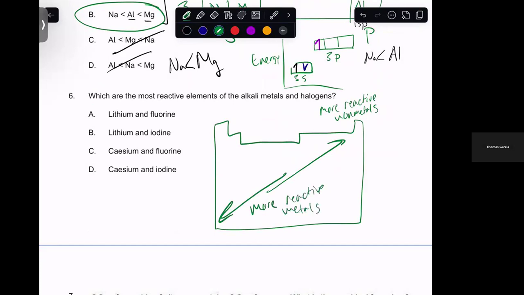So basically, we're just looking for the furthest one up here and the furthest one down here. We don't really talk about francium. So with that out of the picture, we are just left with cesium and fluorine.